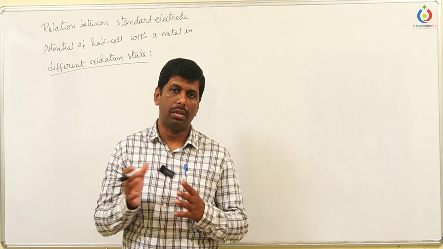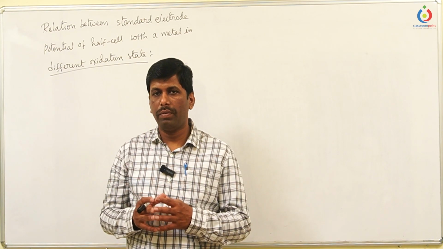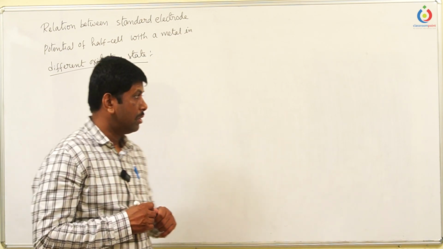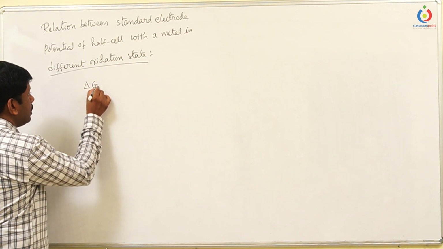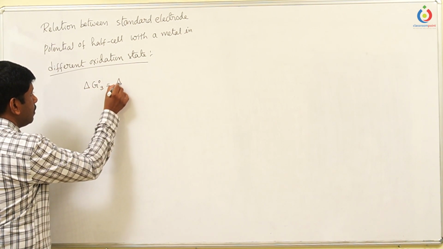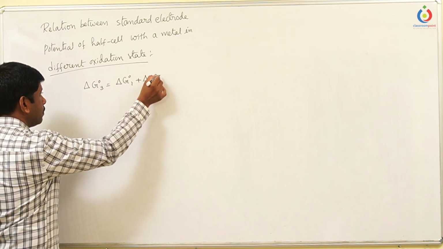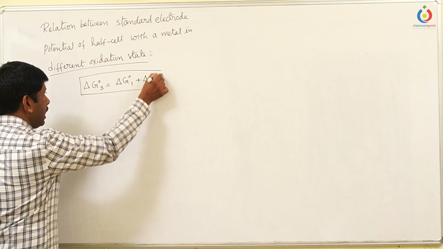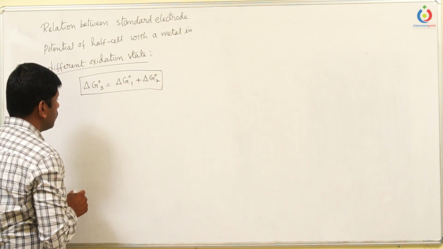So that's why we cannot add and subtract the electrode potentials directly, but we can do it with the delta G naught values. So let us take delta G naught 3 is equal to delta G naught 1 plus delta G naught 2. So by adding two delta G naught values, we can get the third delta G naught value.